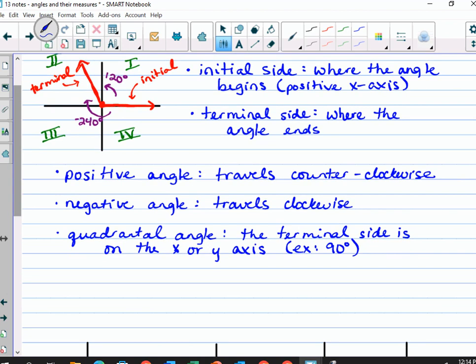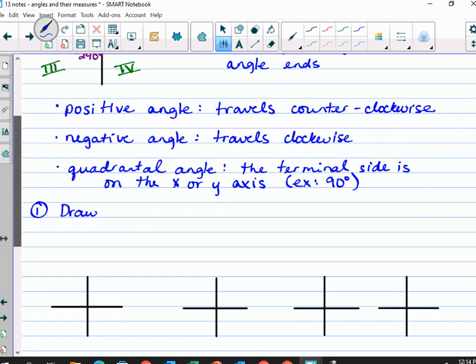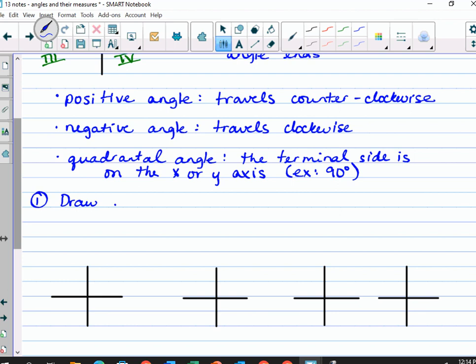All right, so let's try a couple of examples here. We are going to draw each angle. Name the quadrant.